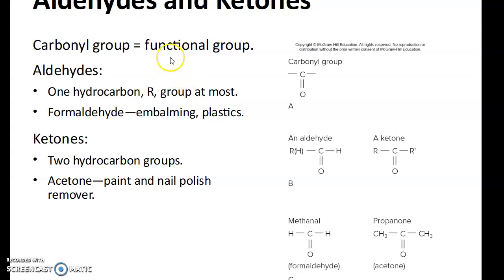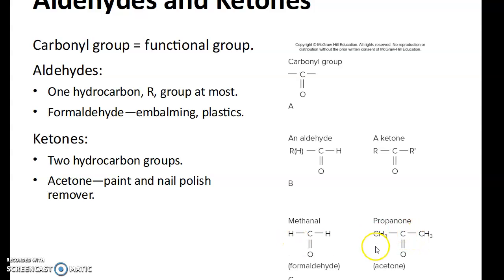Let's go on to carbon functional groups. This is called a carbonyl group. If you've got a carbonyl group with a hydrogen attached to it, it's an aldehyde. If you've got a carbonyl group with 2 carbons attached to it, it is a ketone. Formaldehyde would be this compound right here, where instead of an R or an H, you have 2 H's here instead of a carbon.